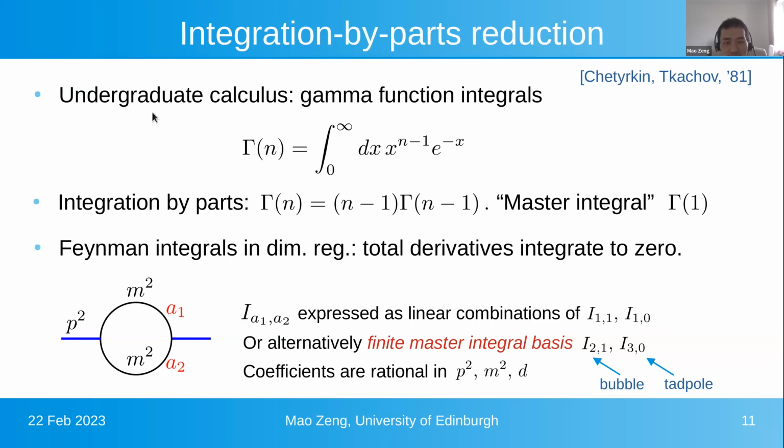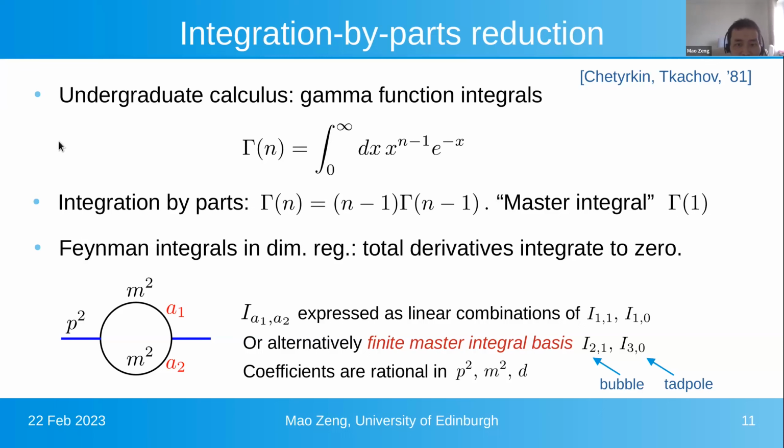By integration by parts, where there is no boundary term in this case, you get a recursion relation between such integrals for different integer parameters n. Through this recursion relation, you can express any such integral, for example, gamma 100 or gamma 1000, in terms of gamma of 1, which is the master integral, i.e. the starting point of your recursion relation.